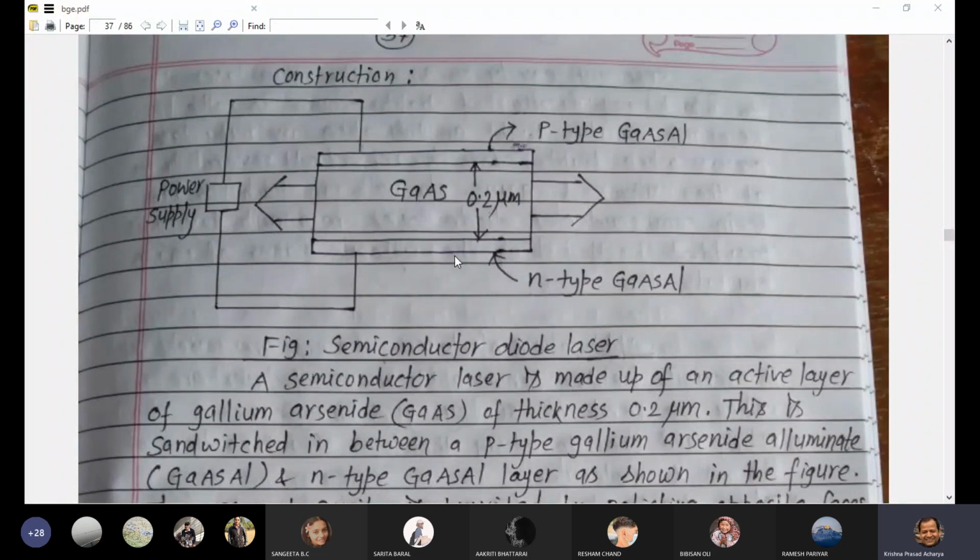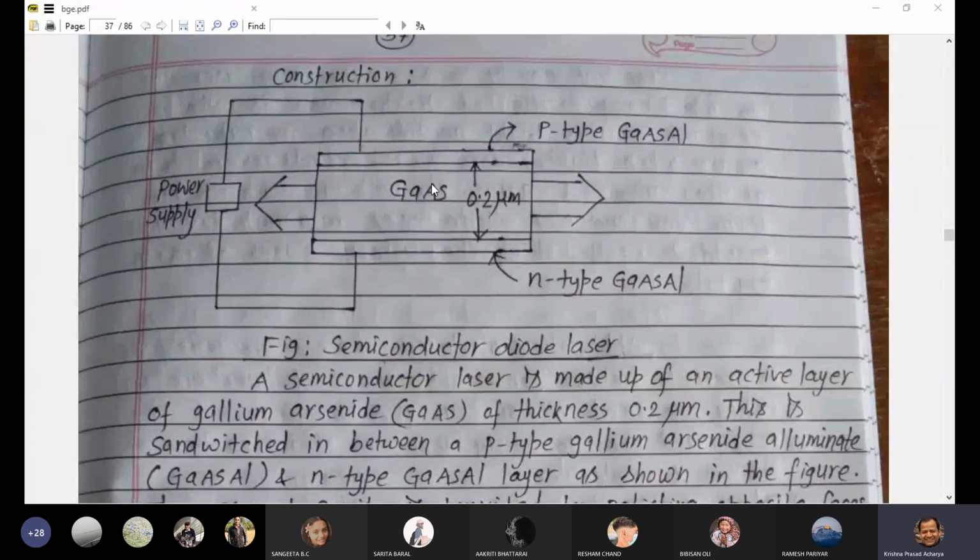To produce laser light, a resonant cavity should be produced for amplification. For the resonant cavity, the sides of the gallium arsenide crystal are polished. If they are polished, then multiple reflection occurs, and if multiple reflection occurs, then amplification takes place.